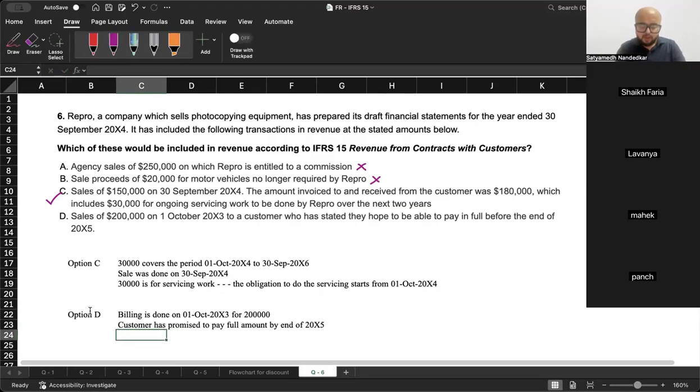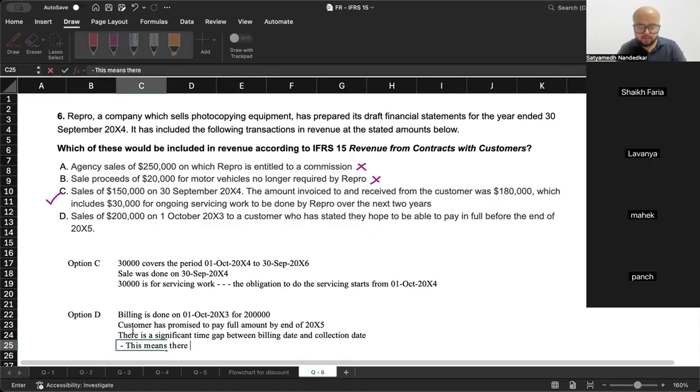So there is a significant time gap between the billing date and the collection date.